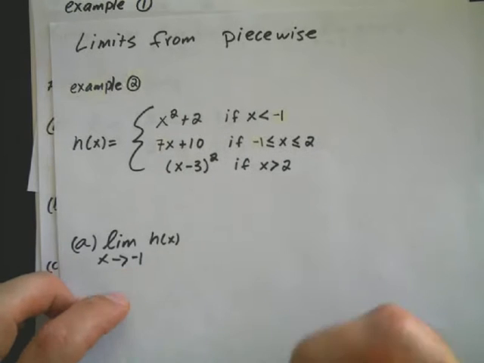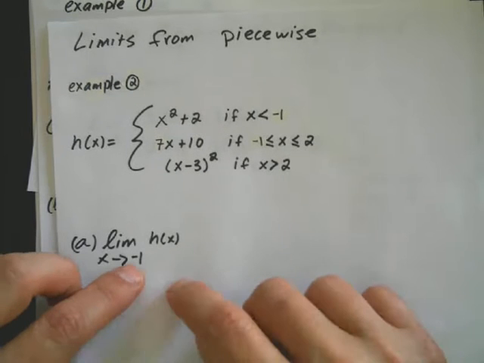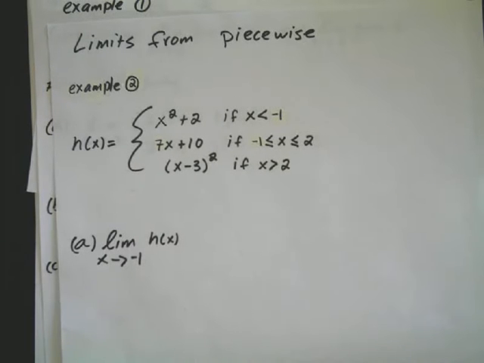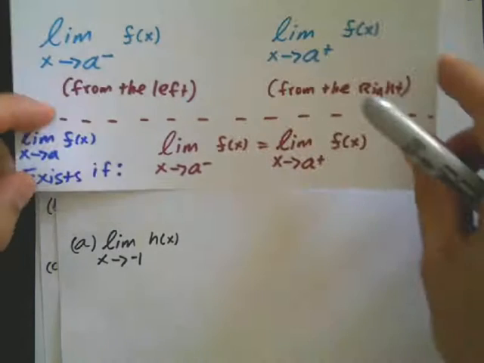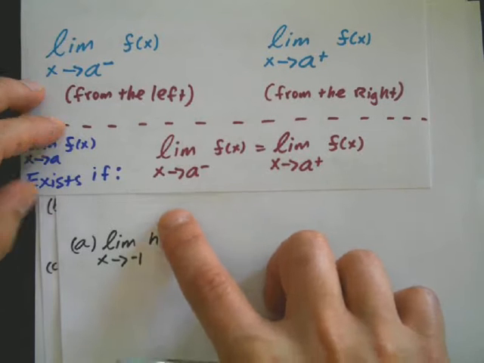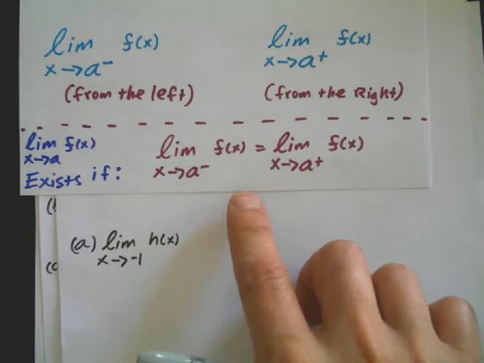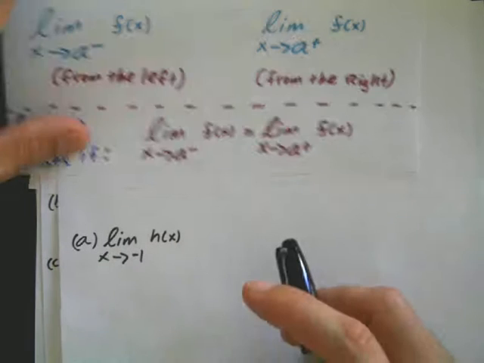Well, if you recall from the very first video, the introduction to limits, for this limit to exist, you have to have both sides equal to each other, meaning that the limit from the left has to equal the limit from the right at the point, in this case at -1.